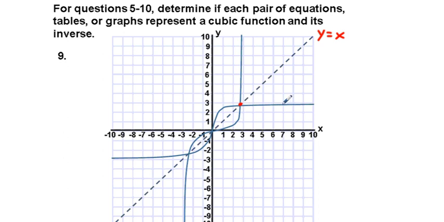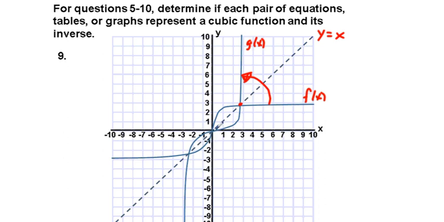And I'll call this function down below here f of x, and this one up here g of x. Are these inverses of each other? Well, to be inverse of each other, you reflect about the line y equals x. So x's become y's, y's become x's.